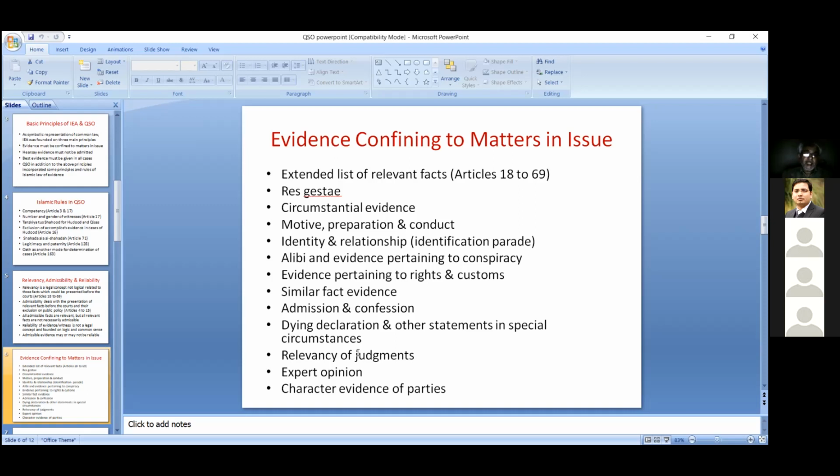And when we say they can be produced as relevant pieces of evidence, the next question is how much value these pieces should be attributed by the court. That is not mentioned in the law of evidence, and that job has to be done by the court. Generally, we say that circumstantial evidence is not of much value, but there are cases in which the death penalty is even implemented on the basis of circumstantial evidence. And confession is a very valuable piece of evidence.